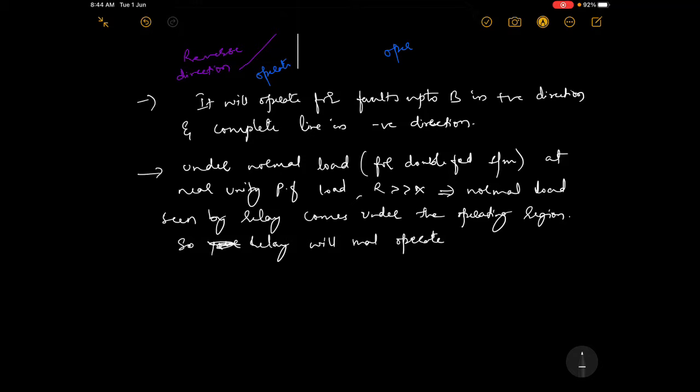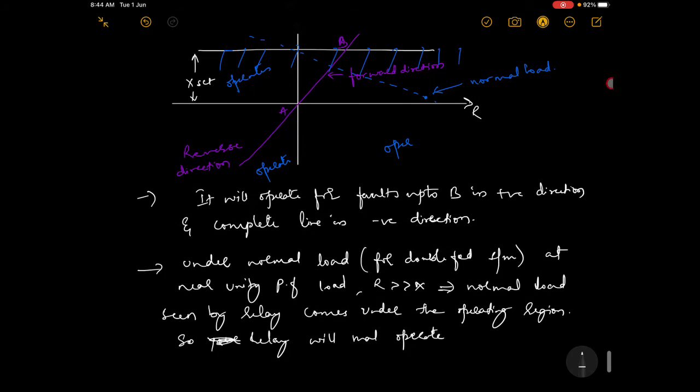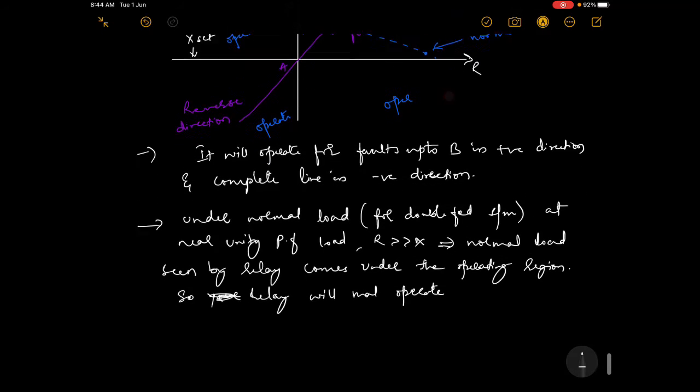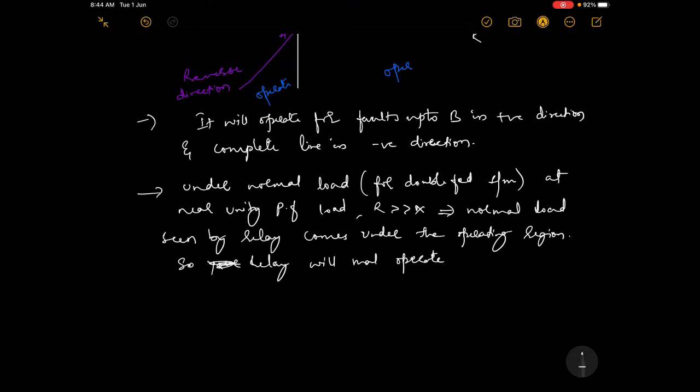To avoid this, an extra relay is required to check whether it is actually a fault or a normal load. So this is the disadvantage. To avoid this, you need an extra relay to check whether it is an actual fault or the normal load. So this is used in conjunction with a mho relay or directional relay.